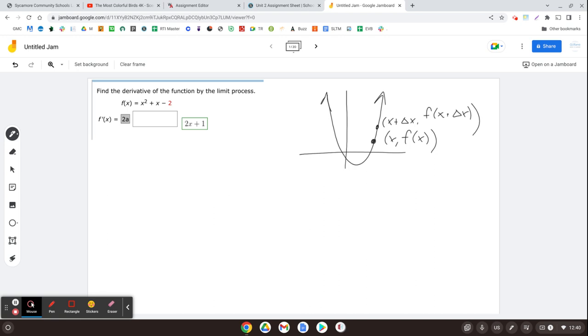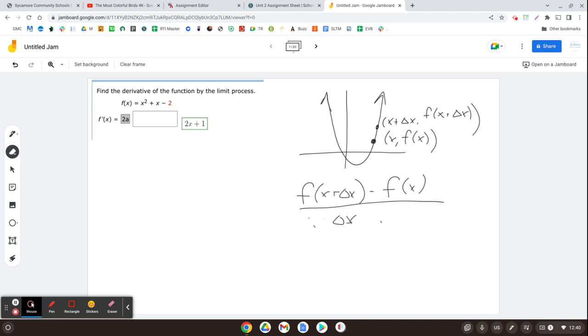So far, so good? So if we did f of x plus delta x minus f of x over x plus delta x minus x, okay, that is just the slope formula. And keep in mind that x minus x is gone. That's 0.